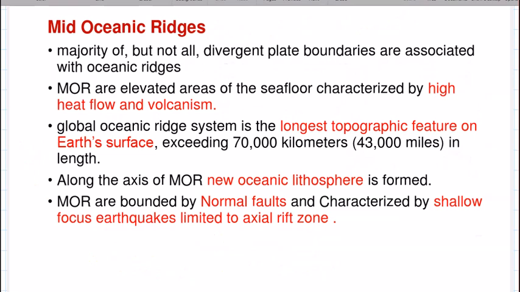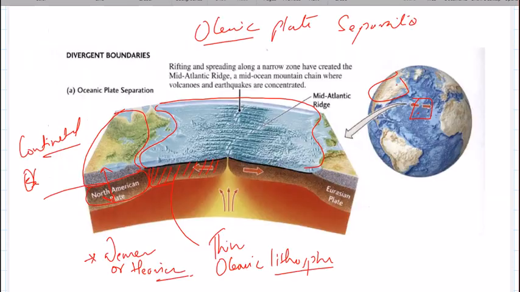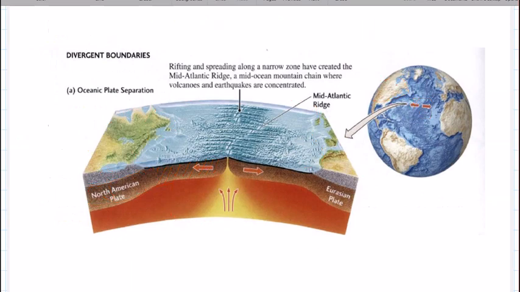Now let's talk about mid-oceanic ridges. The majority of the divergent plate boundaries are associated with mid-oceanic ridges. They basically have high heat flow and volcanism. Obviously, if the plates are moving apart, this region will get thinner, right?